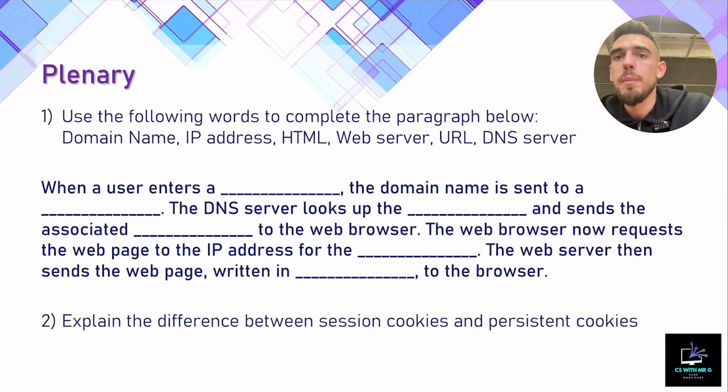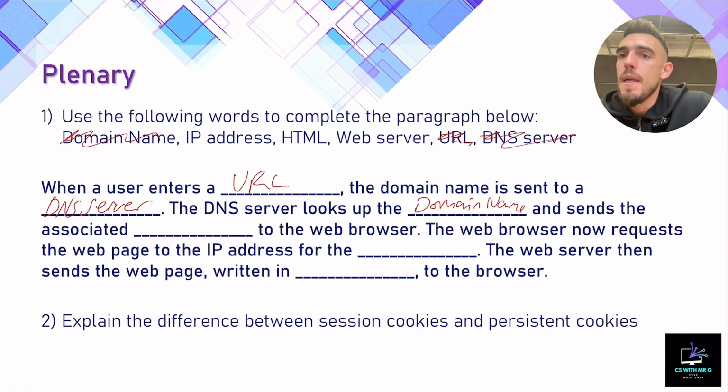Just to finish up, a nice simple fill in the blanks. When a user enters a URL, the domain name is sent to a DNS server. The DNS server looks up the domain name and sends the associated IP address to the web browser.